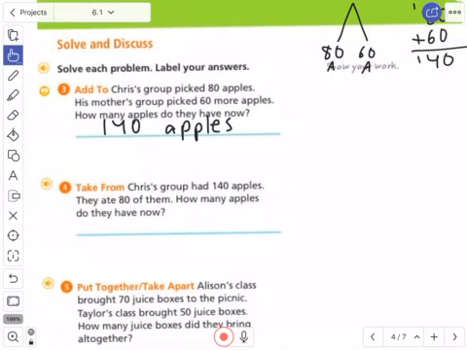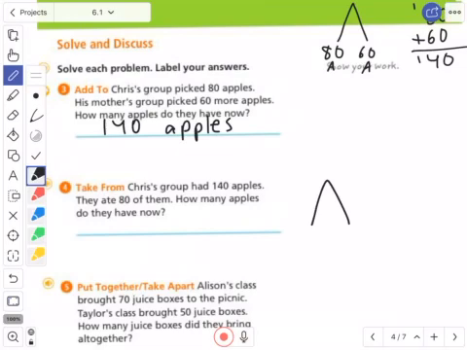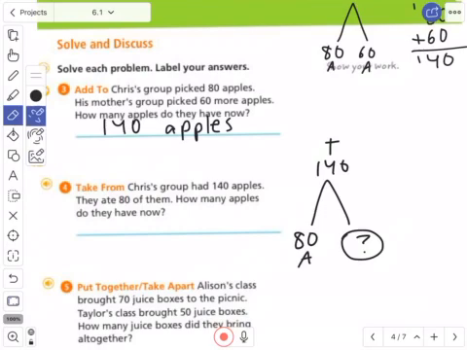So here's just a little bit of a helper when you're doing your math mountain for this one. So they had 140. It sure sounds like a total to me. 80 of them. That's going to be one of the add-ins. But I need this spot right here. How many apples do they have now? So that's what you're going to try to figure out.